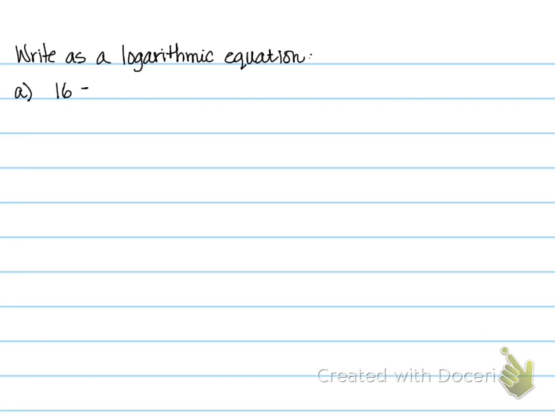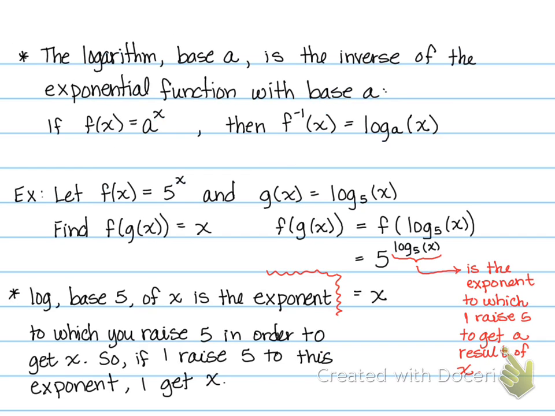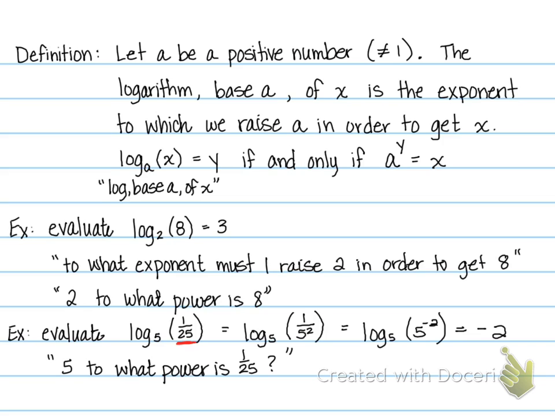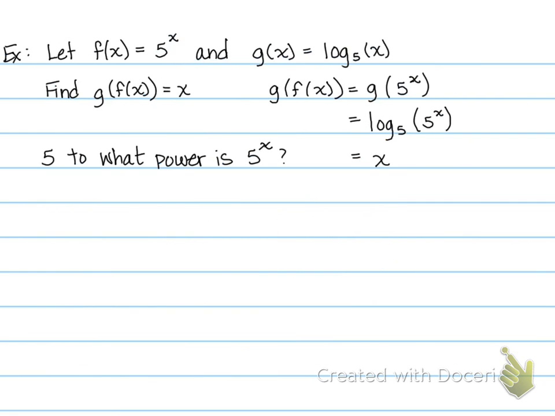So let's start with 16 equals 2 to the x. So when we say rewrite as a logarithmic equation, we're just saying take this exponential equation and use the definition of the logarithm to rewrite it in logarithmic form. So going back to our definition right here, we're just switching back and forth between those two equations, which are equivalent to one another.